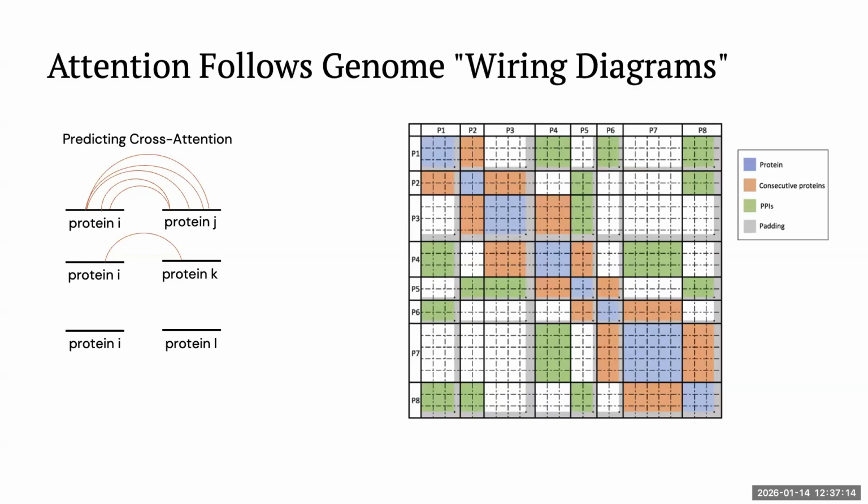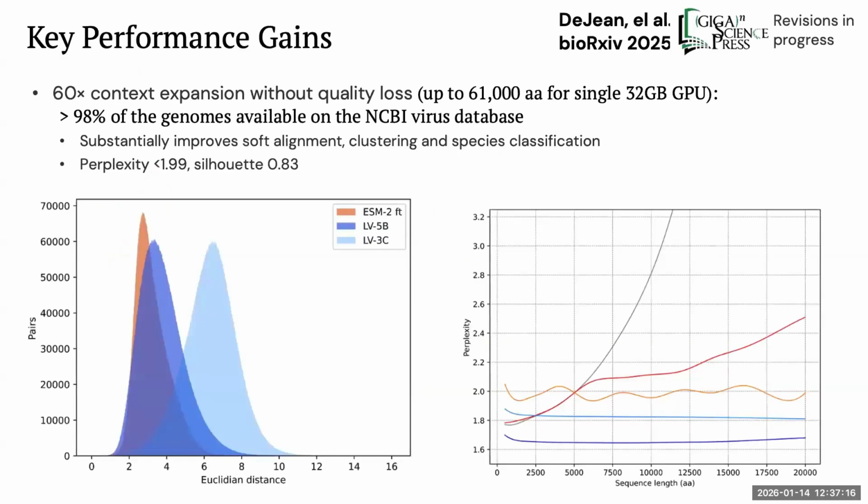So by implementing this, again, the results were very impressive. We were able to expand the context from ESM2, which has a limited context of 1,000 amino acids, up to 61,000 amino acids on a single GPU card that costs about $3,000, a GPU card with 32 gigs of RAM.